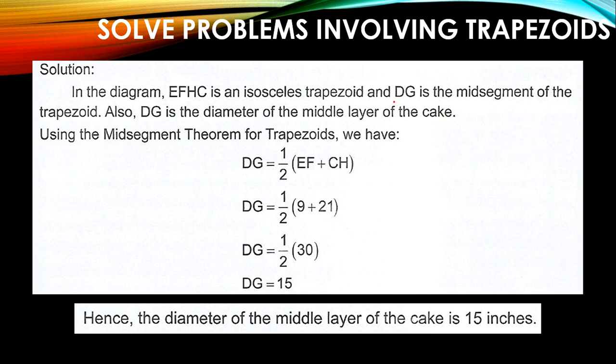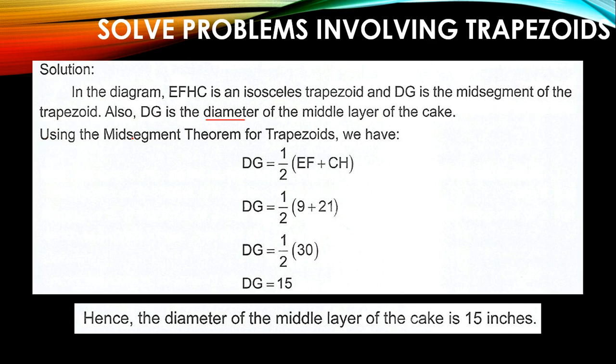Okay, and DG is the mid segment of the trapezoid. Also, DG is the diameter of the middle layer of the cake. So what we are looking for in the problem is the median or the mid segment, and the mid segment serves as the diameter of the middle layer of the cake.